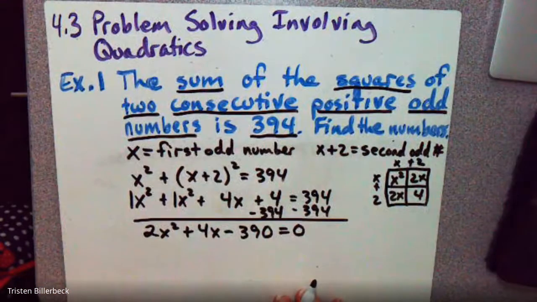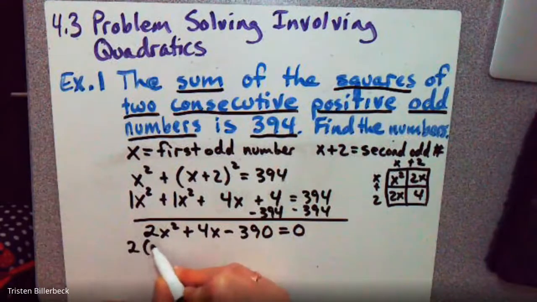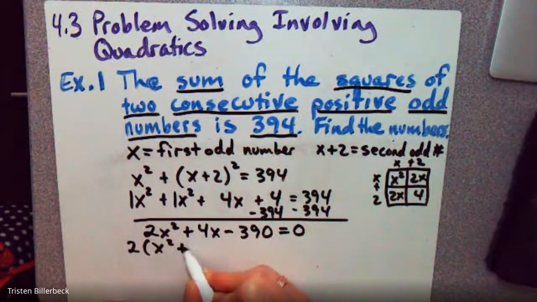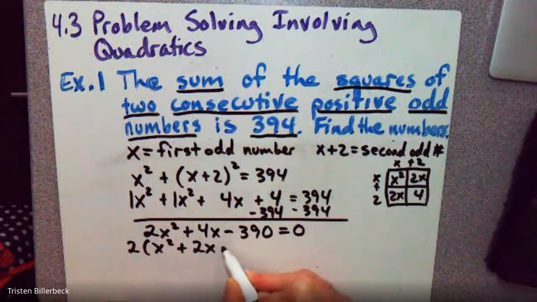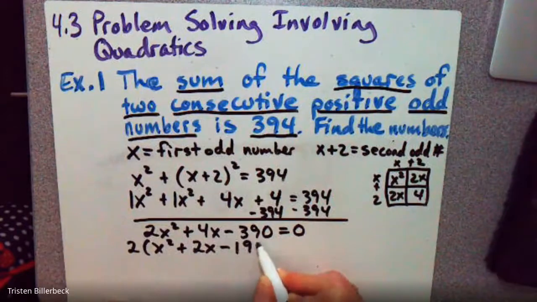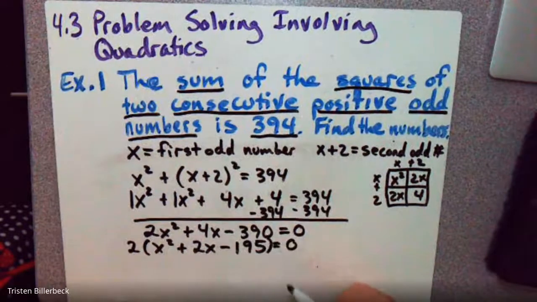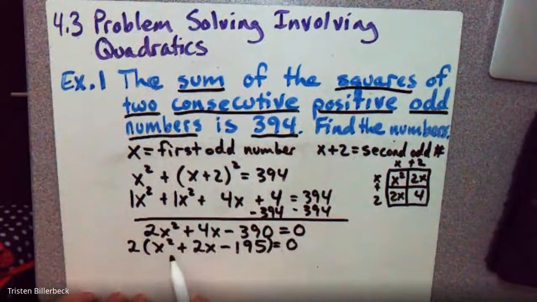All right, so diamond box does not work very well when we have a common factor. And these are all even numbers, so they have the common factor of 2. So we have to pull the 2 out. So we have x squared plus 2x minus 195 equals 0.